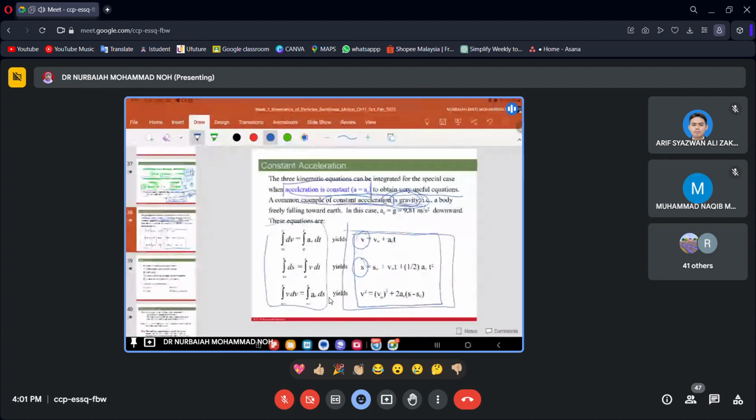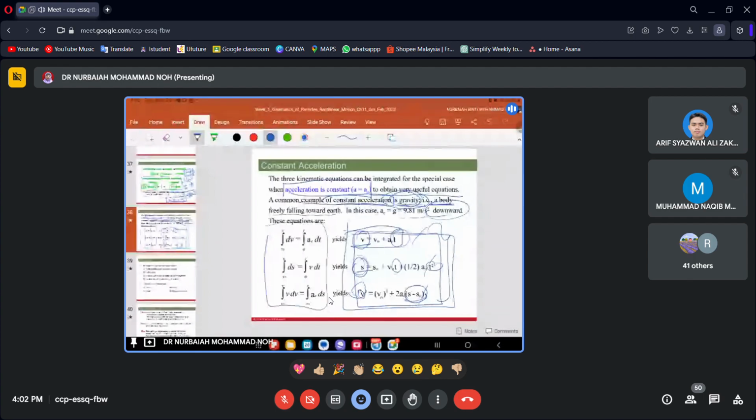Okay, yang mana the condition Earth, the value is 9.81 meter per second squared downward. So you can freely use these 3 equations. Ini velocity dalam sebutan t, ini velocity dalam sebutan positions, dan ini adalah position dalam sebutan t. Okay, so we will see examples after this, maybe tomorrow, about how we can implement these 3 kinematic equations.